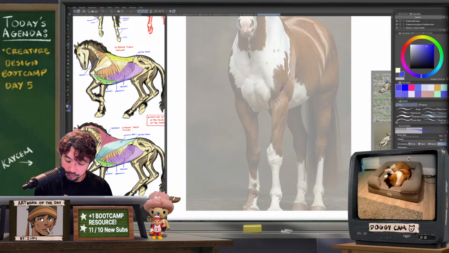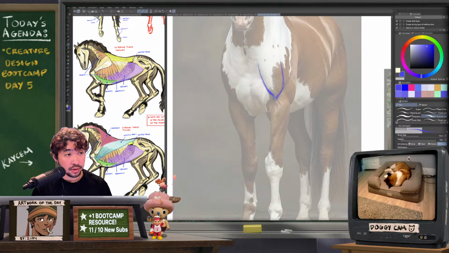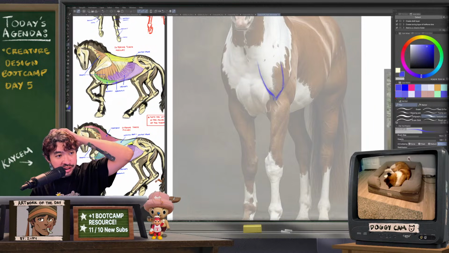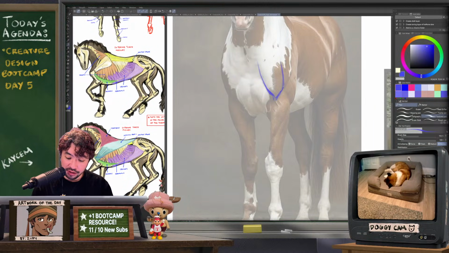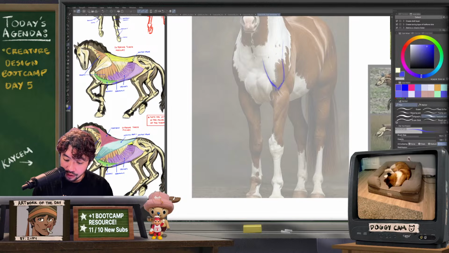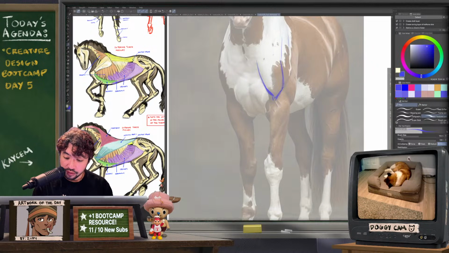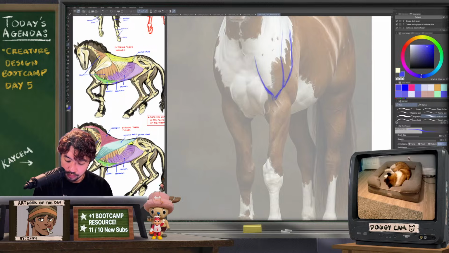This one right here is going to be the thoracic sling muscle, that grouping of muscle that we talked about, the brachiocephalicus. Then further down the line, take a look at this. This right here is the infraspinatus.